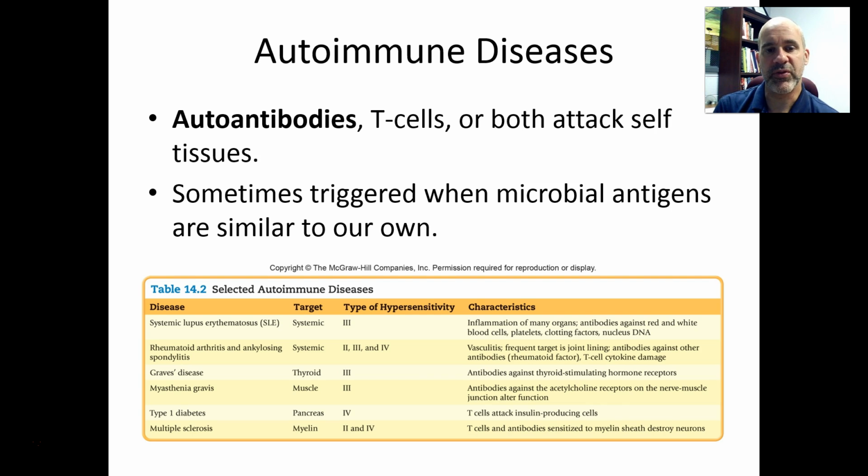And so some people will generate antibodies to those Streptococcus bacterial antigens that wind up attaching to their heart valves and causing an immune reaction, an immune response targeted against the heart valves. And when that happens, you have heart valve damage associated with that. That's called rheumatic fever. It's not a very fun thing to experience.